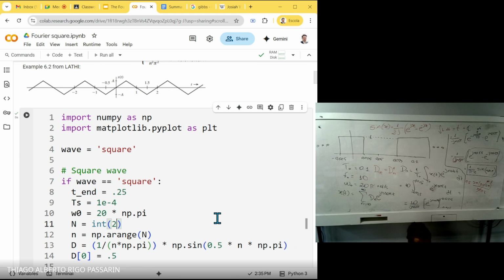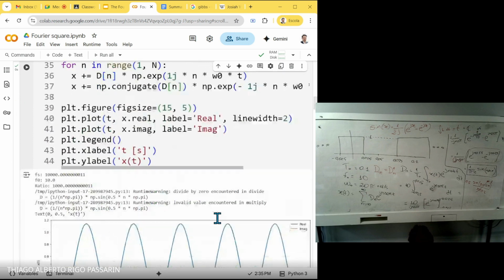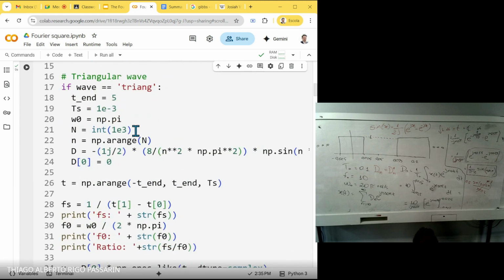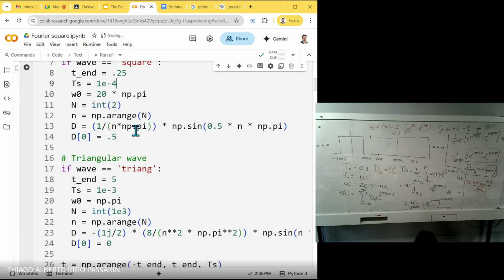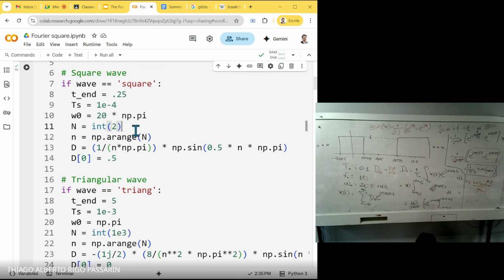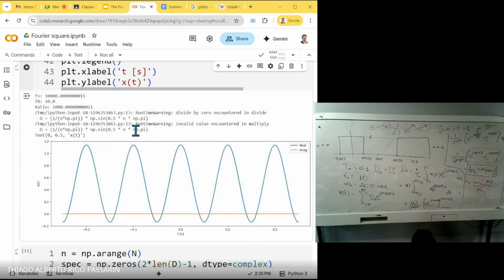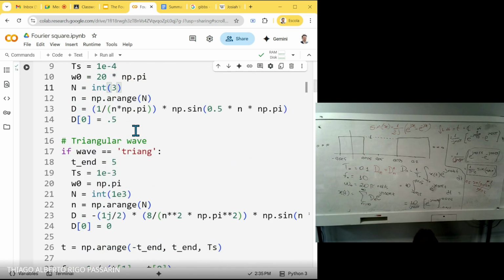N equal to 2, I'm iterating D0, D1 only. This is the signal. It's a sine with an offset. Then if I compute one more, 3. Then I get 2 sines. We can see the difference because the second harmonic is 0.